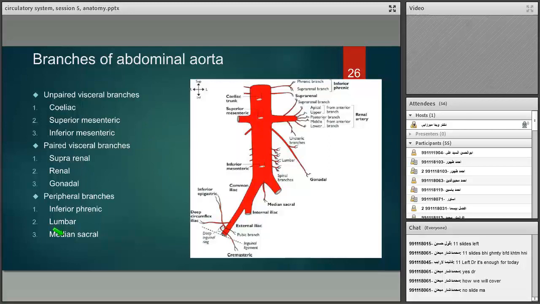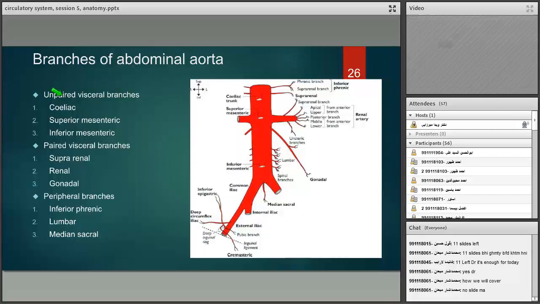The first group, I'm explaining slide number 26. In the first group, we have the unpaired visceral branches of the abdominal aorta.